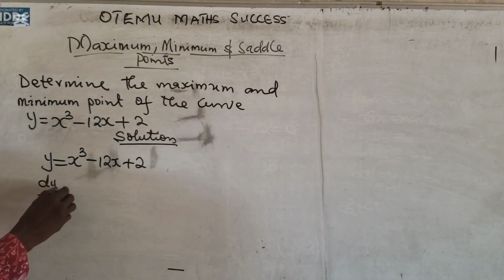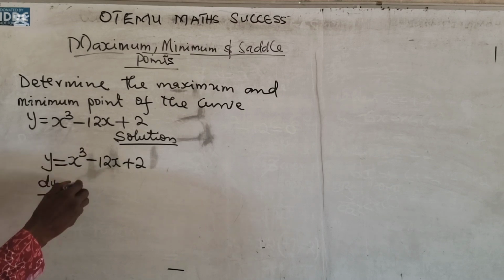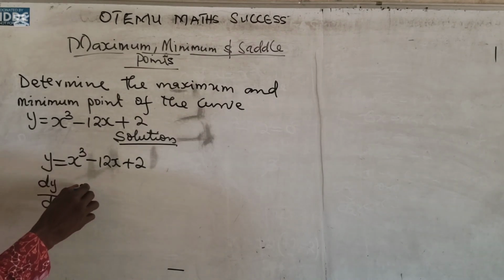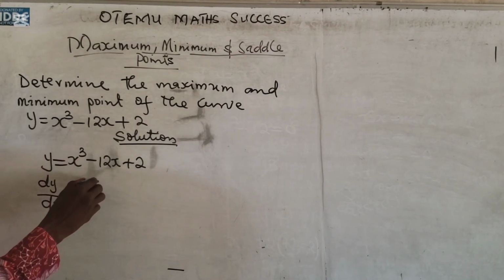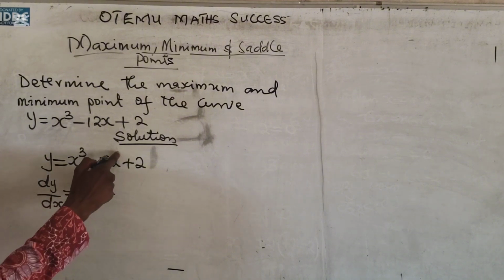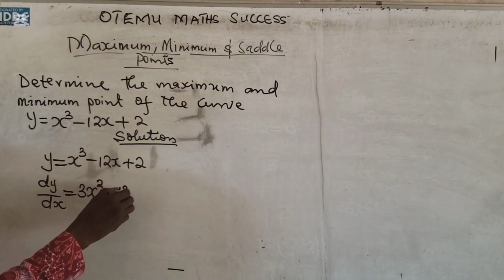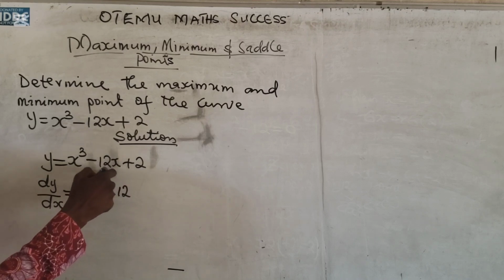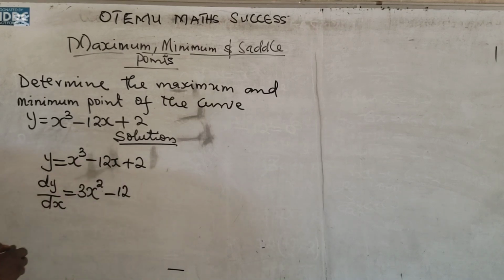We are differentiating this: the power 3 will come down, then x to the power 3 minus 1 is 2. Here is minus, here is 1, multiply by 12 is 12, 1 minus 1 is 0. Anything raised to 0 is 1, times 12 is 12.